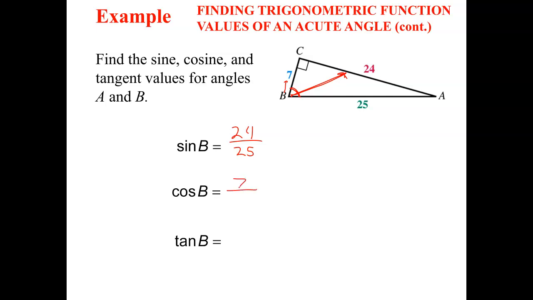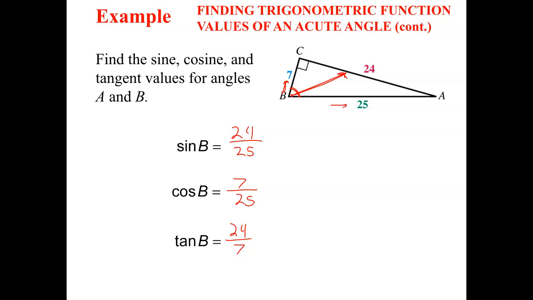7 over 25. The adjacent side over the hypotenuse. And then tangent. 24 over 7. Now what I want you to do is look at the three ratios we got for A and the three ratios we got for angle B. What do you notice about those? Explain.